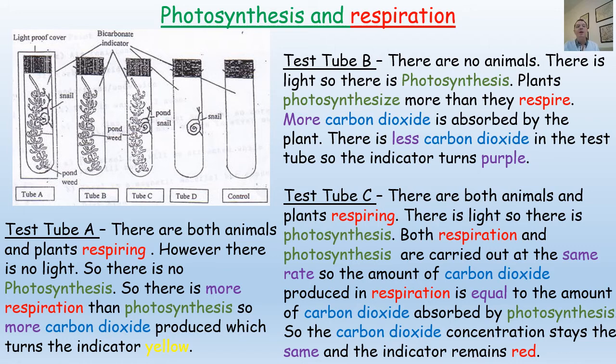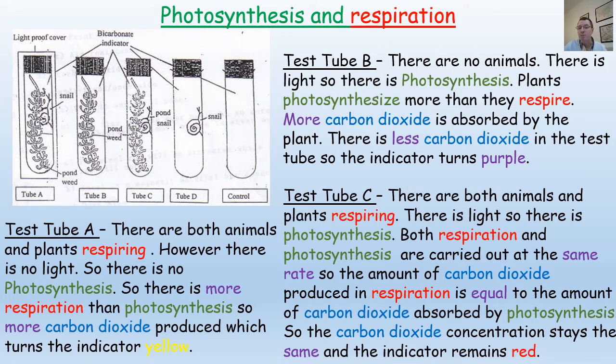In test tube B, there are no animals at all. There is light, and so there's photosynthesis, and the plant will photosynthesize more than it will respire. Remember, the plant is both photosynthesizing and respiring, but when there's plenty of light around, because the plant doesn't move a lot, it doesn't have a very high respiratory need, then the plant will photosynthesize a lot more than it will respire.